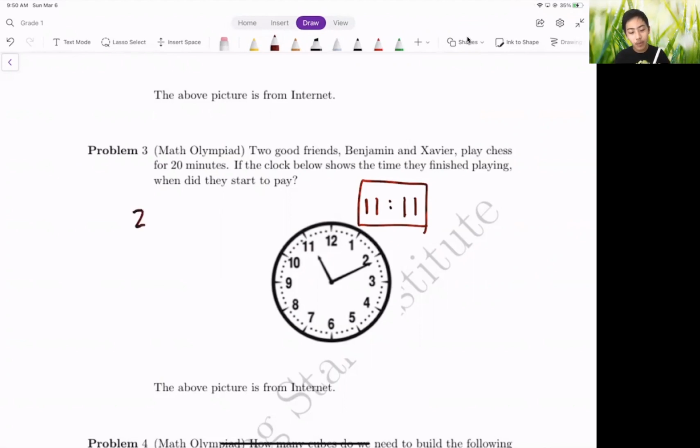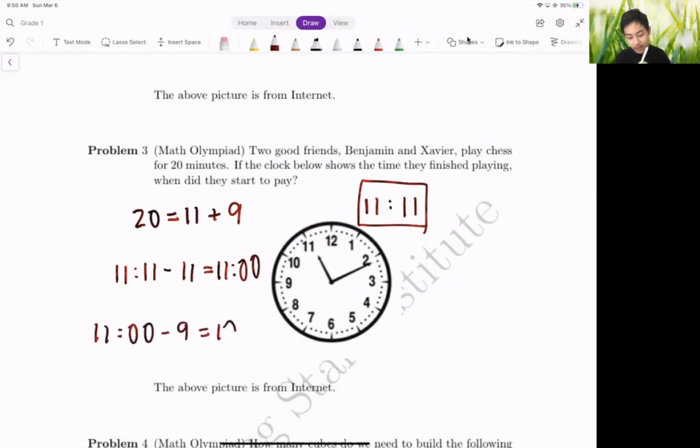And we can break 20 into 11 minutes plus 9 minutes. So let's subtract 11 minutes from the time first, and that just gives us 11 o'clock. And we still need to subtract 9 minutes from 11 o'clock. So 11 o'clock minus 9 minutes just gives us 10:51, because 1 hour has 60 minutes, and if you subtract 9 from there, that gives you 51 minutes remaining.